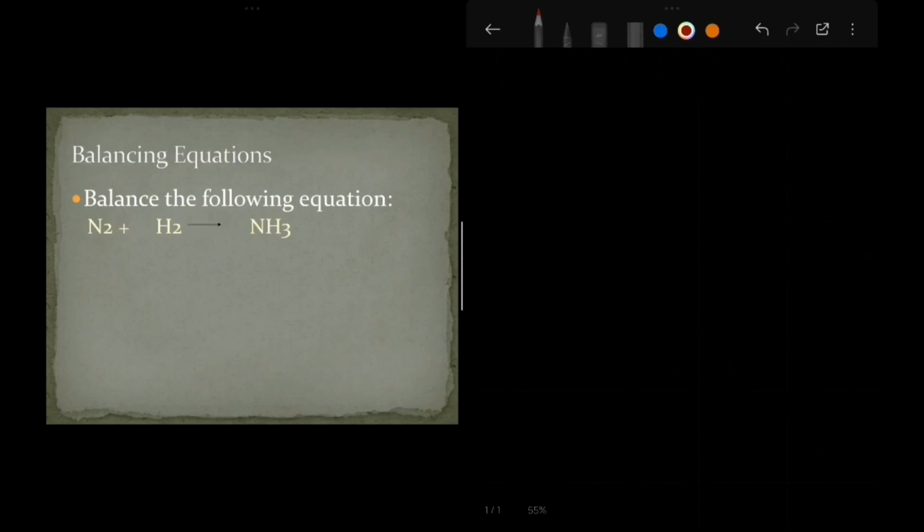Let's try this again. So first again, I'll be writing the chemical formula. So we have nitrogen 2, dinitrogen, plus dihydrogen yields to produce NH3. Okay? So ladder type ulit tayo. We have the reactant and the product.